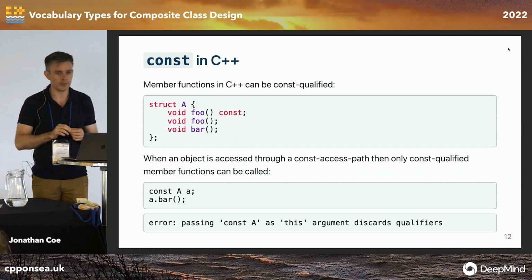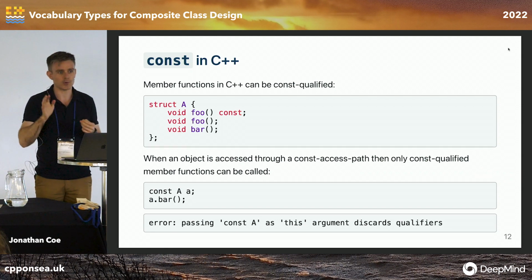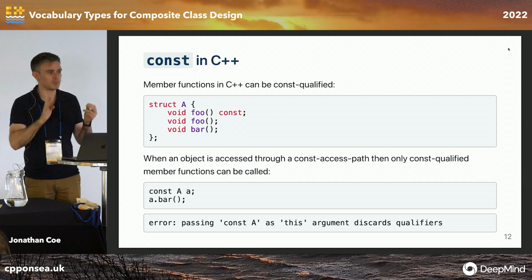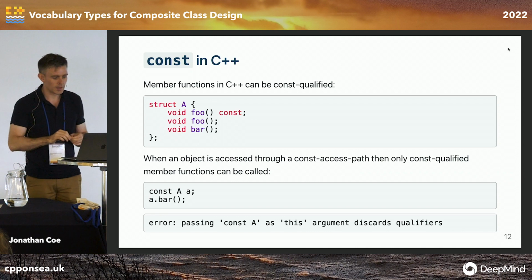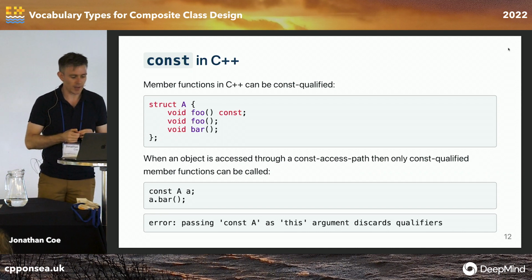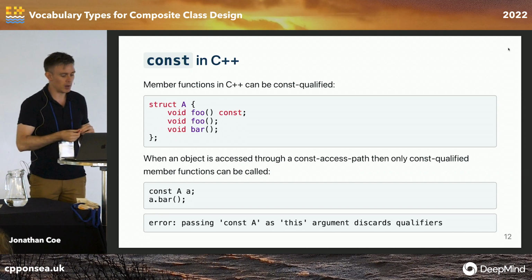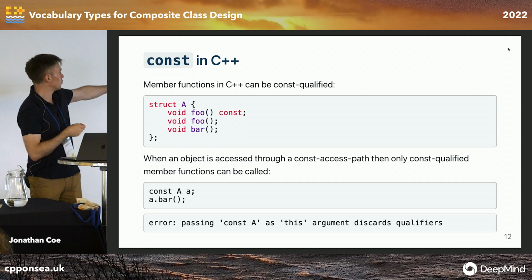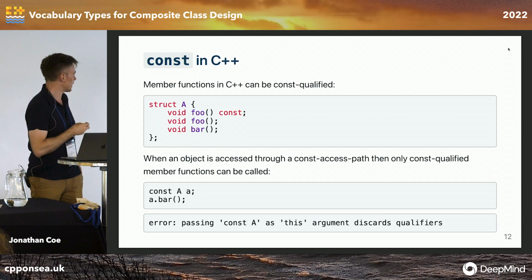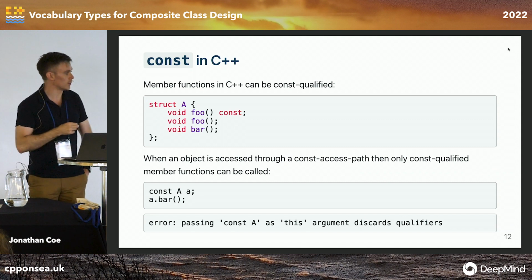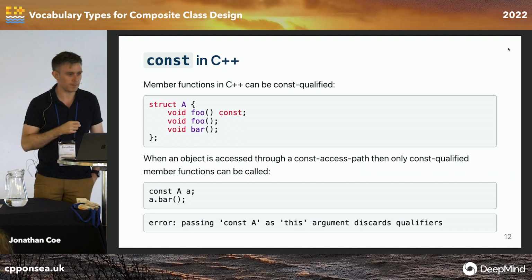C++ being what it is, of course, you can undermine that by peppering your code with const casts, but probably don't do that. So if we have a const A created over here and try and call the bar method on it, then you'll see bar was not const qualified, and the compiler will tell you passing const A as this argument discards qualifiers, so you're not allowed to do that.